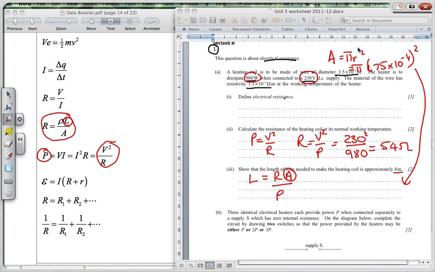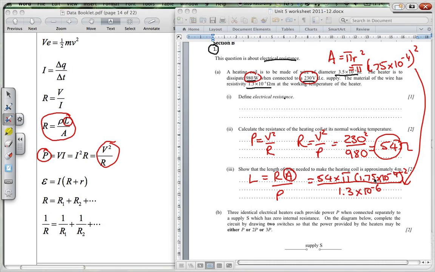Now obviously you'd be writing this all in here somehow, and perhaps even just putting that straight into your formula. So we've worked out our resistance here is 54, so it's going to equal 54 times pi times 1.75 times 10 to the negative 4 squared, and then we're going to divide that whole lot by 1.3 times 10 to the negative 6. We're going to do the whole lot on our calculators.